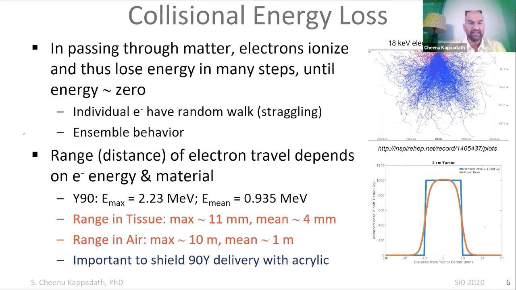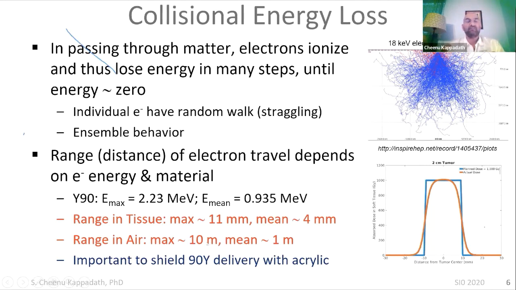What I've also shown is that the electrons have a range from Y90, and the range of those electrons in tissue is about, maximum is about 11 millimeters, and the mean is about 2 to 4 millimeters, okay? However, when the electrons are in air, they can travel a much higher distance, okay? So the mean is about 1 meter, and you can go up to 10 meters. So what does this mean?